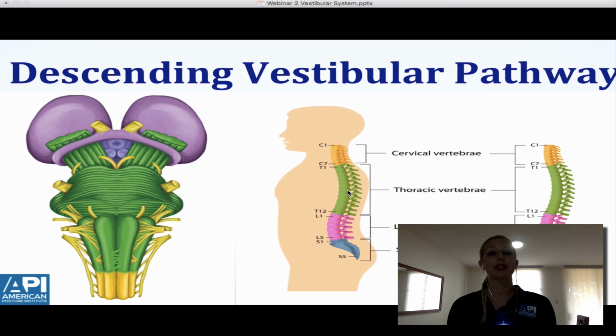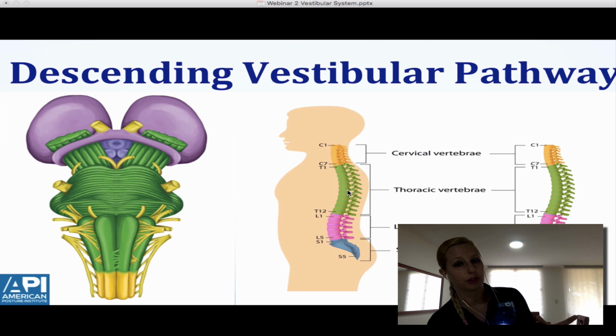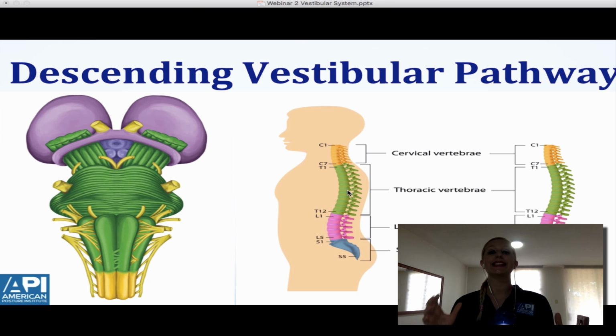This pathway is going to stimulate extension. I told you before that the receptors in my inner ear perceive when my body changes position in relation to gravity. So if I'm tilted or turning, for example, if I have a rotation, that stimulates my descending vestibular pathways to bring me upright into extension.